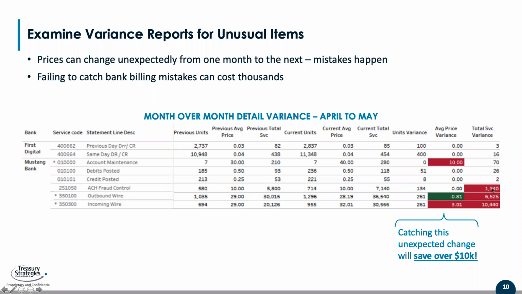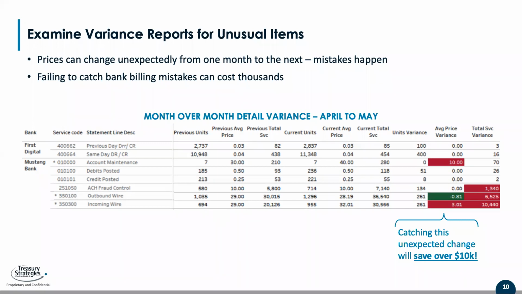And so what you see here, the example that we call out, is just one example of something that can and does occur frequently on account analysis statements. In the prior period, I had roughly 700 wires at $29 a piece. In this period, in May in this example, we had 955 wires at $32 a piece.